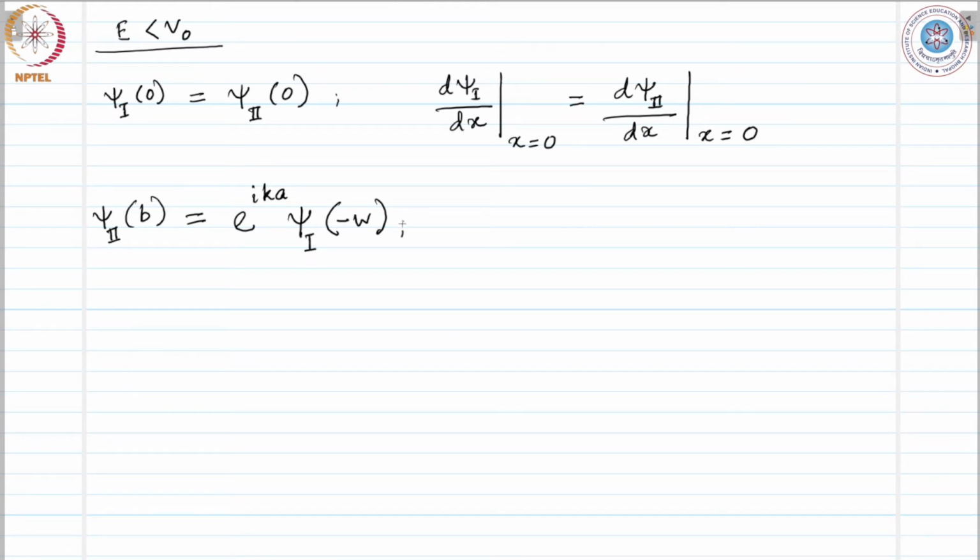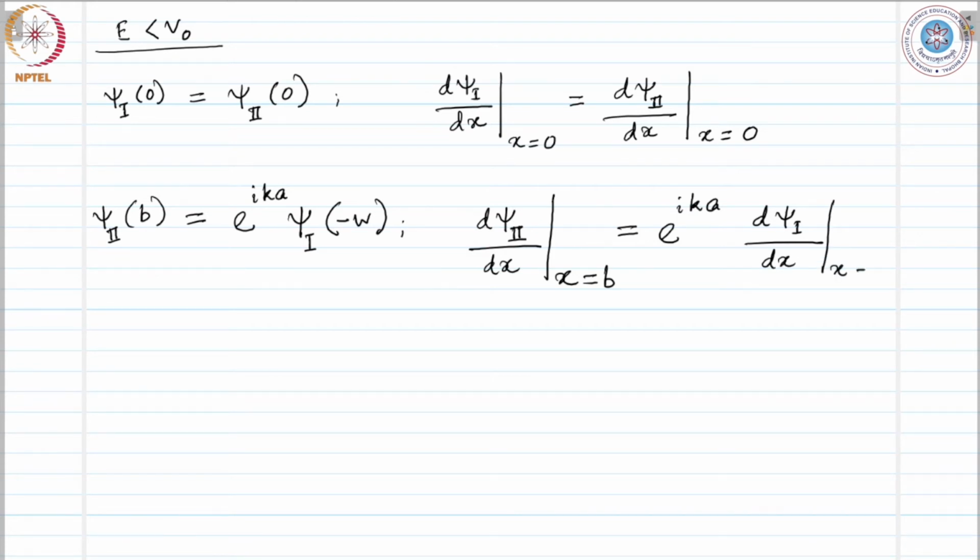The other condition for the derivative would be d psi 2 by dx at x equals b equal to e power i k a d psi 1 by dx at x equals minus w.